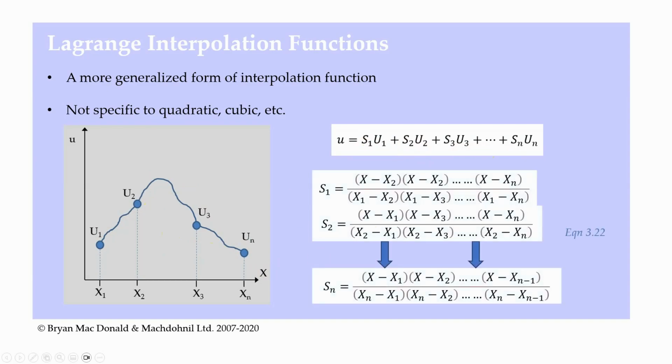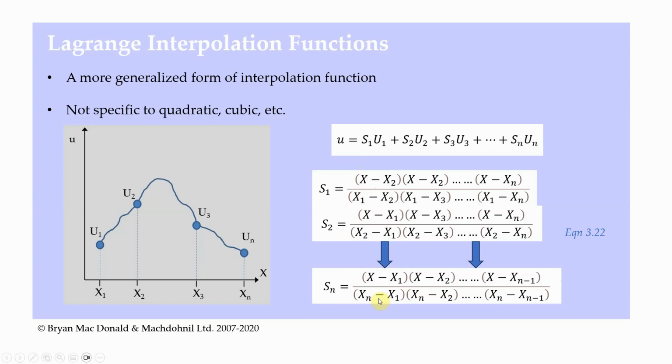Using the Lagrange interpolation functions, we have this general method, and it's basically given by these equations here. S1 follows this pattern here, S2 follows that pattern there, and if we go on and look at the pattern, it ends up being this here, described by Sn.